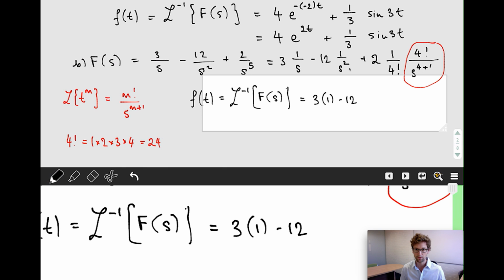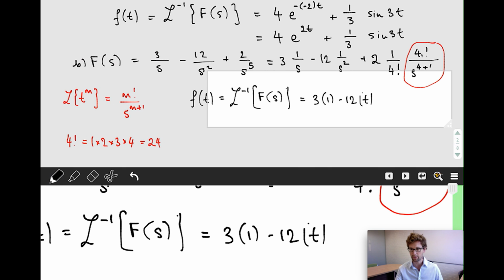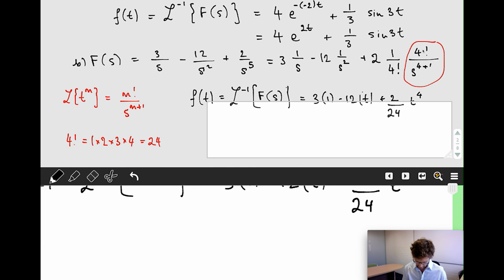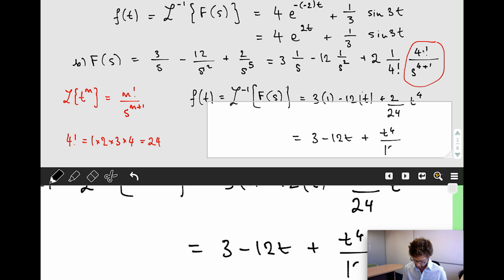We saw that that was equal to t, plus 2 times 1 over 4 factorial times the inverse Laplace transform of 4 factorial over s to the power of 4 plus 1. So that's going to be plus 2 divided by 24, there's our 4 factorial, and the inverse Laplace transform was t to the power of m, with m equal to 4. So now we can tidy up a little bit. This is going to be equal to 3 minus 12t plus t to the power of 4, all divided by 12.